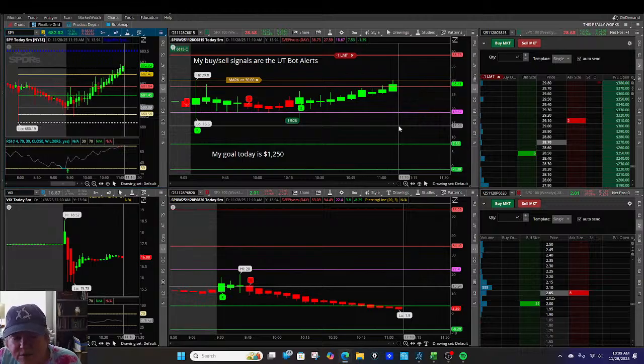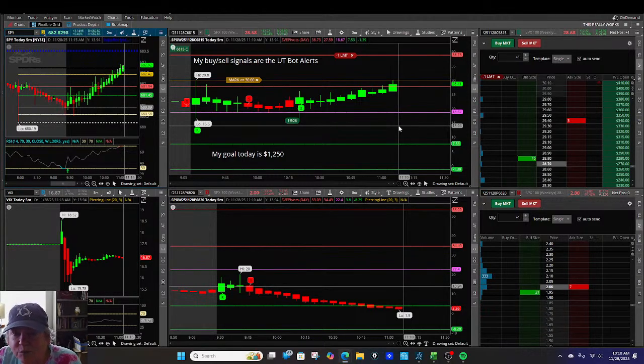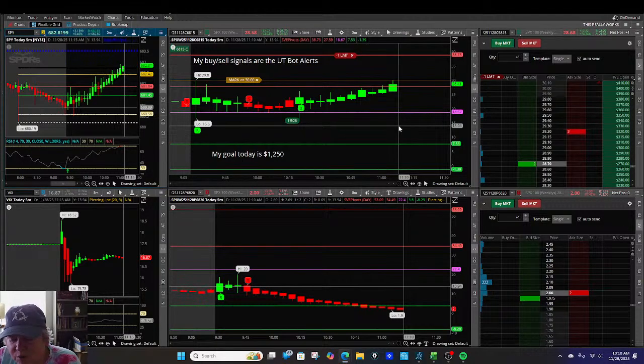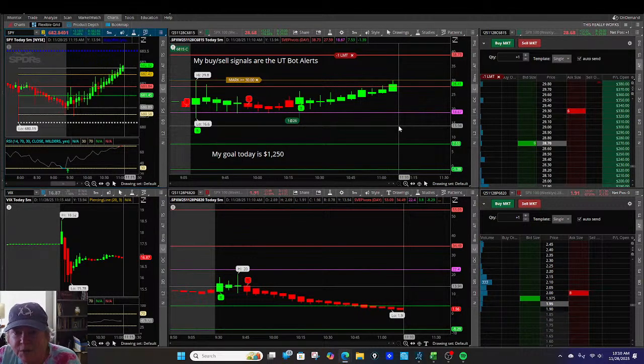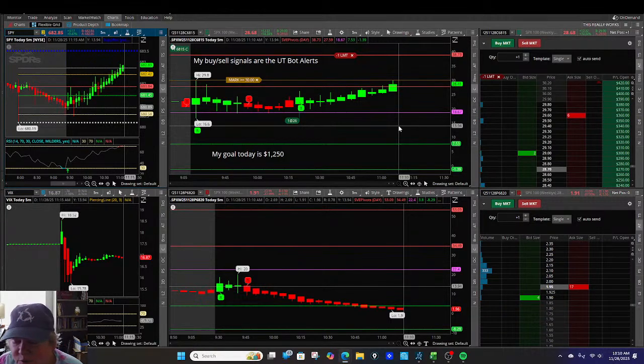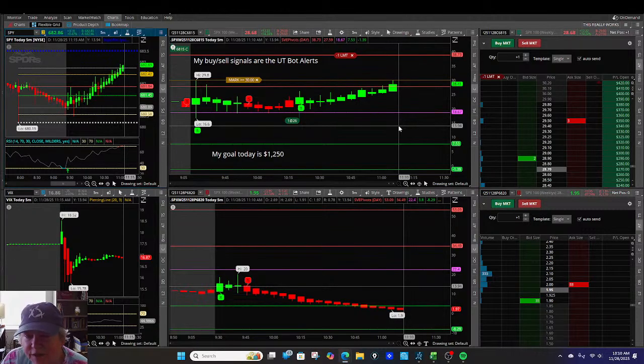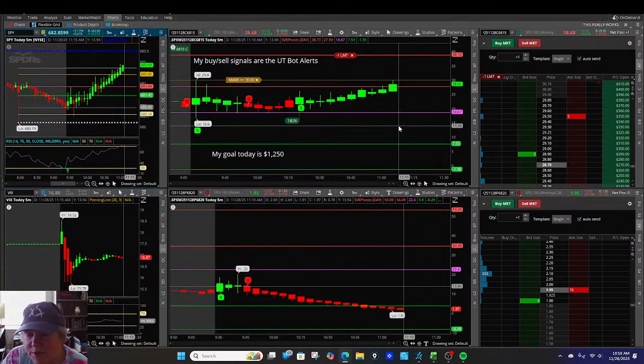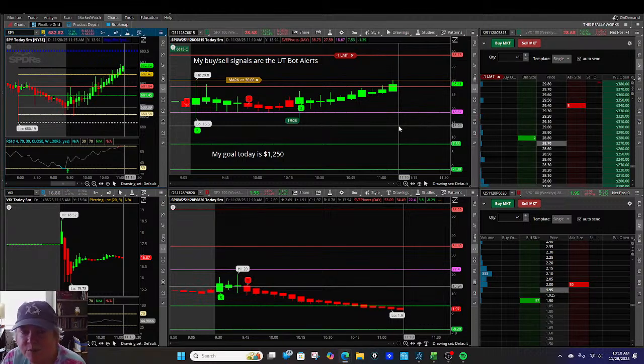Now, if it looks like it's going to be a really bullish day, I might take that limit order off because I feel confident that it will continue to go. But the last couple of weeks, I've religiously placed the limit, and I like to do that because I know that it's locked in profits, and that's the name of the game.